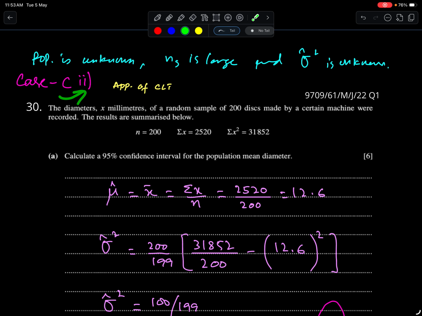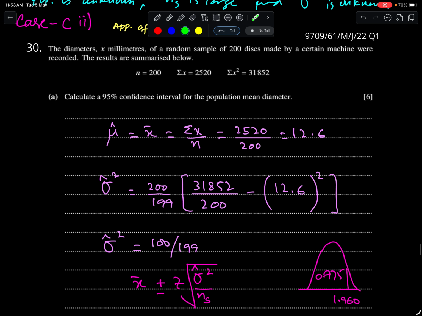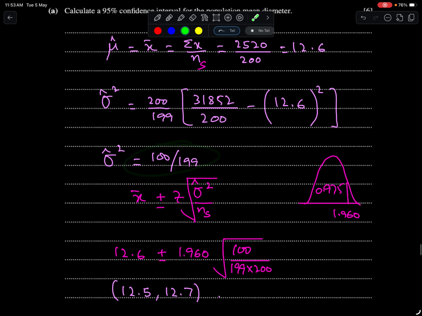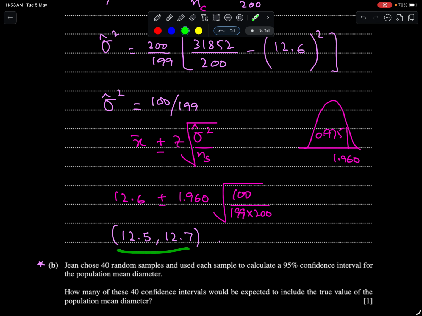This is case C2, the last case. So first get unbiased estimates: mu cap is x bar, sigma cap square is sigma x over n, this is basically n s. This is the unbiased estimate of mean, this is the unbiased estimate of variance, and this is the formula of confidence interval: X bar plus minus z times root of sigma cap square over n. Make sure you leave your answer up to 3 SF.